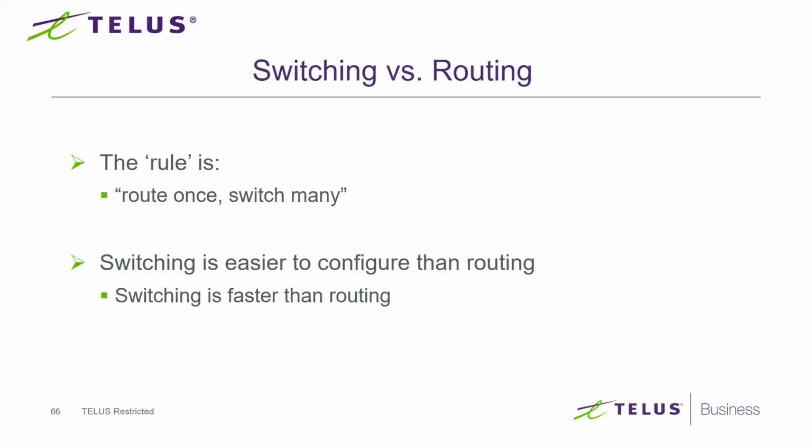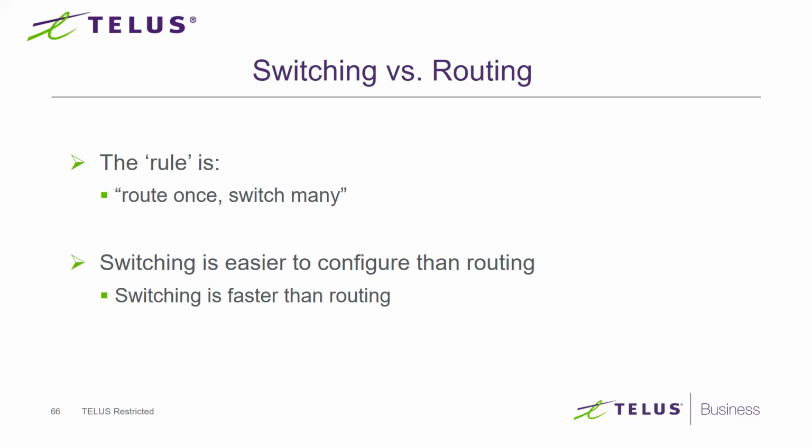And yes, switching is easier to configure. It can be a bear if you've got layer 2 failover protocols, things like spanning tree. It can drive you nuts because you have spanning tree failures with root ports and non-root ports, and having networks flap up and down because of a bad port or a bad cable.